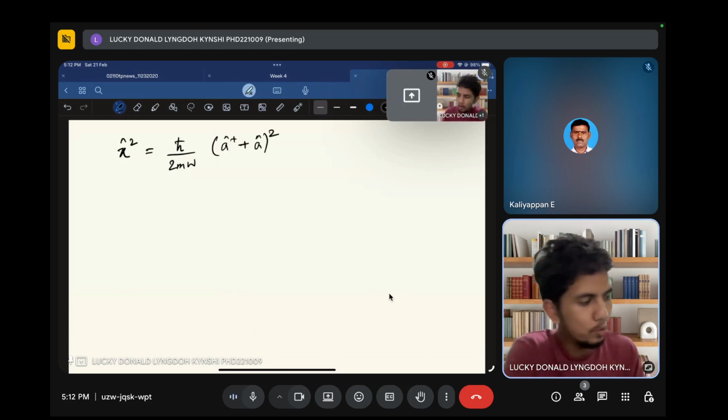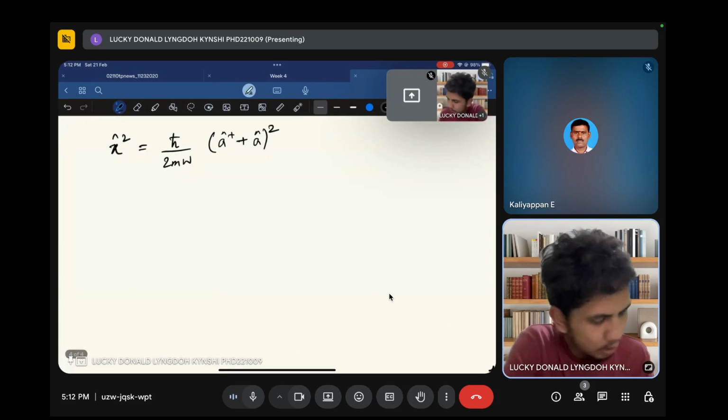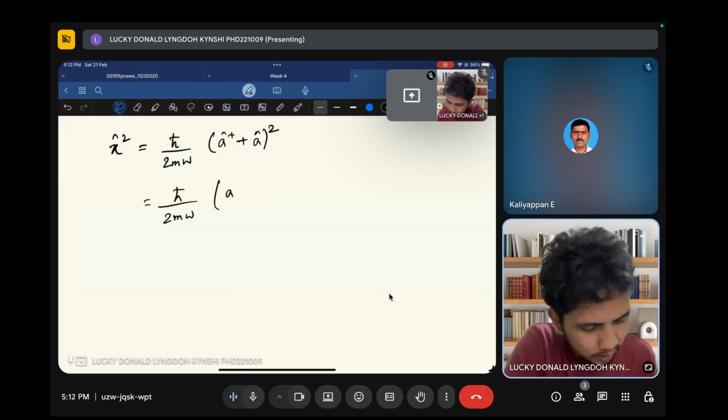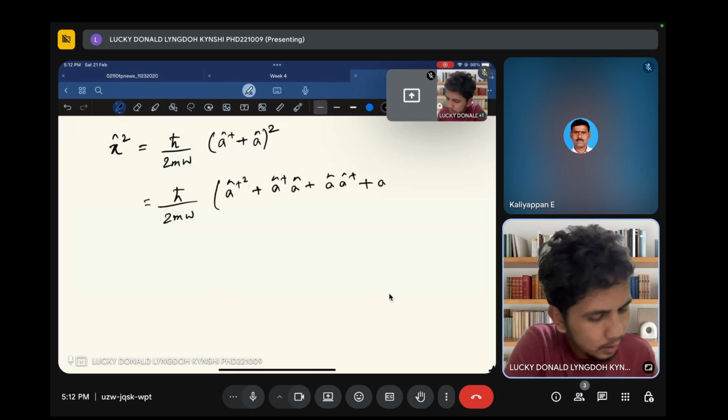So you can calculate h cross by 2 m omega, times a cap dagger square plus a cap dagger a cap plus a cap a cap dagger plus a cap square.